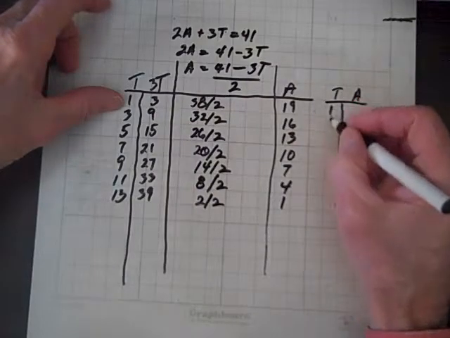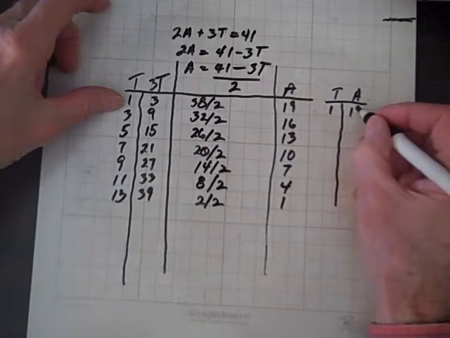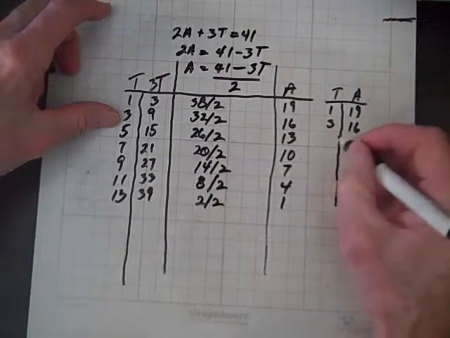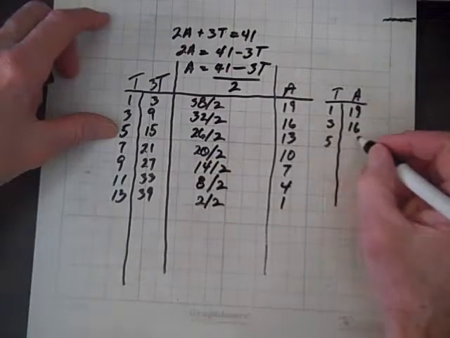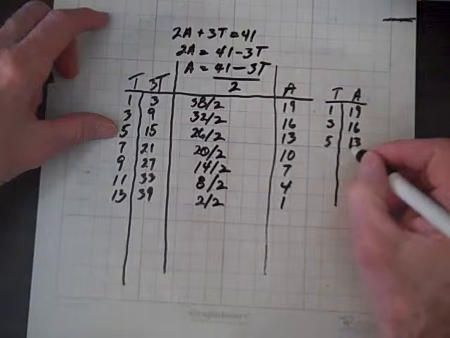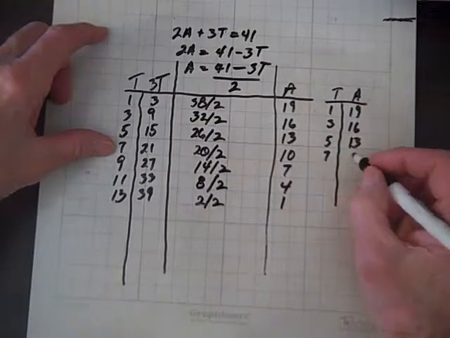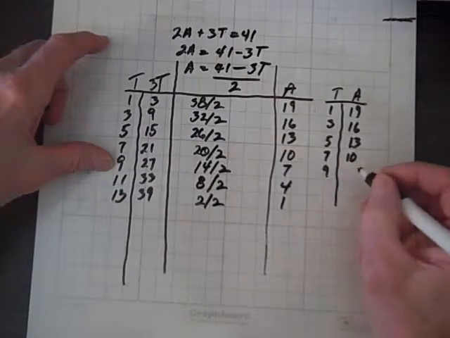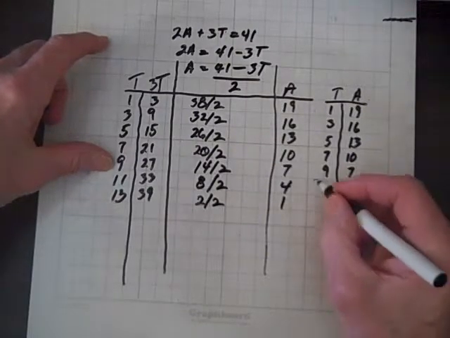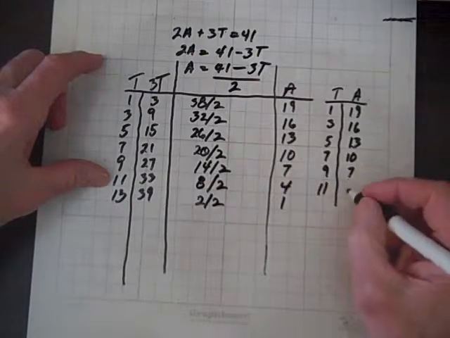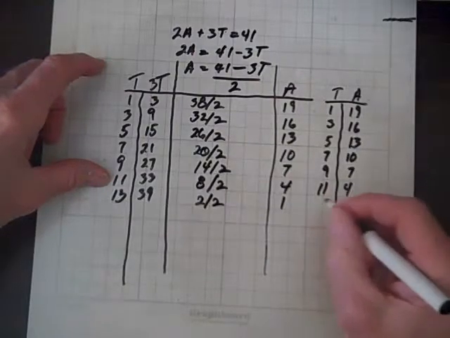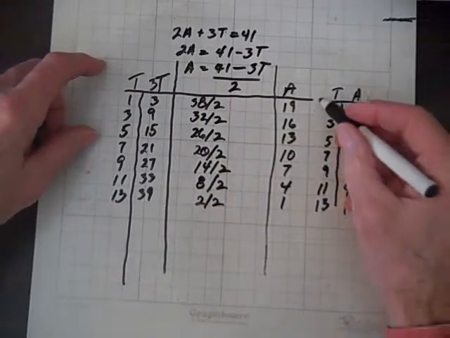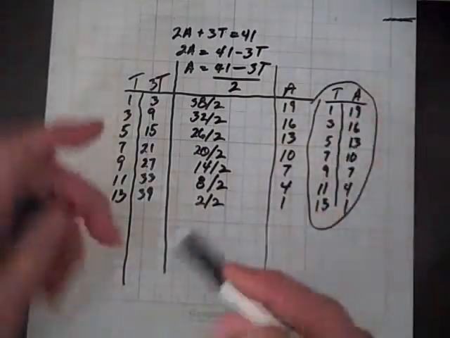When there's one truck, there's 19 automobiles. 3 trucks, there's 16 automobiles. 5 trucks, we've got 13 automobiles. 7 trucks, 10 automobiles. 9 trucks, 7 automobiles. 11 trucks, 4 automobiles. And 13 trucks, 1 automobile. And there's our solution.